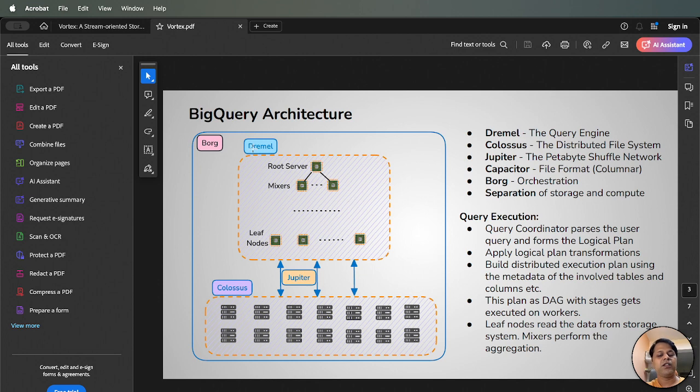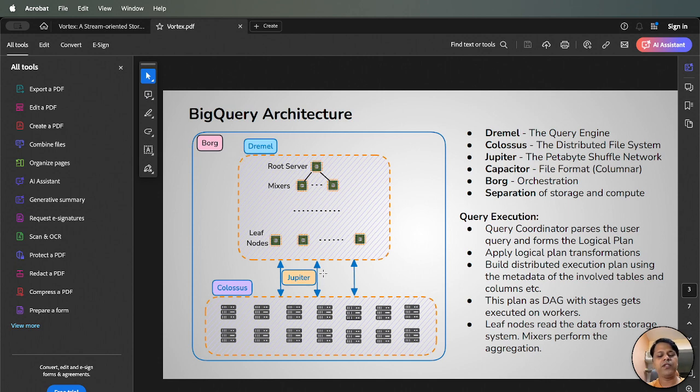Behind the scenes, the Dremel engine generates the plan and runs the query in distributed mode, like a tree structure of the plan. Then the leaf nodes communicate with Colossus, where the data is present in Capacitor format, and perform the calculation. Once the individual tasks are performed at the leaf nodes, further up the tree the mixers perform the aggregation and return the results to the user.